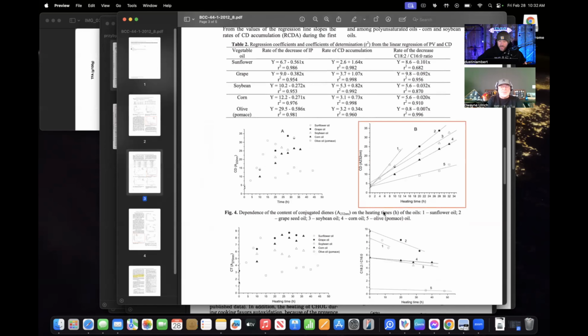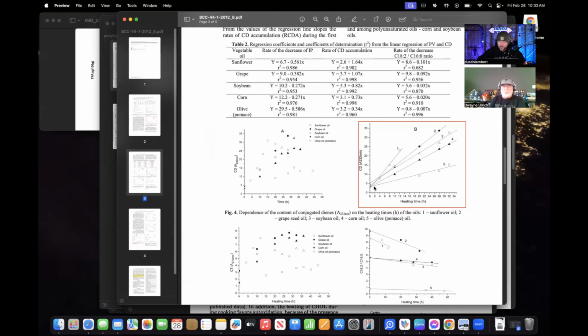The next graph here, we're looking at conjugated dienes. I don't know what that is, but this would be the formation of kind of the precursor molecules to trans fatty acids. And so again, heating time on the x-axis here in hours, and then the content of conjugated dienes here.